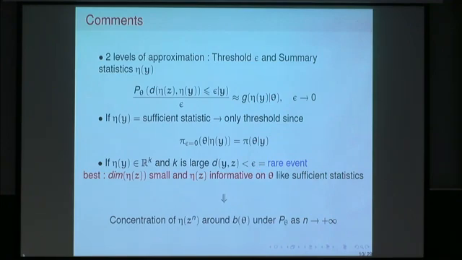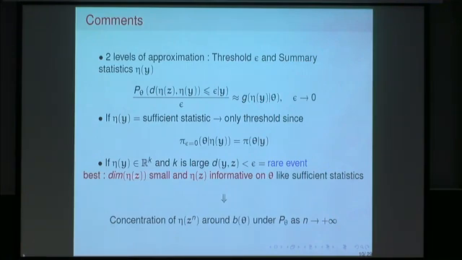And so there is a trade-off on the dimension of your summary statistic, because if you have a high-dimensional summary statistic, then this set is going to be very constrained, and the probability of accepting is going to be very small. And so you'll have to do a lot of simulations to actually accept a few thetas.